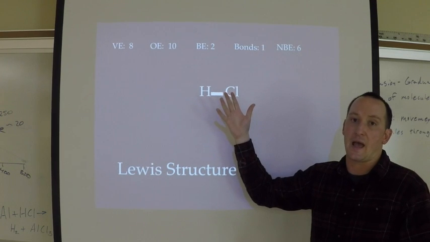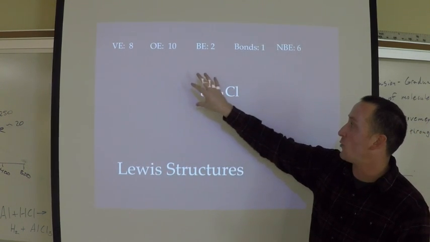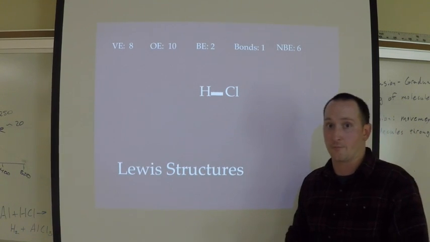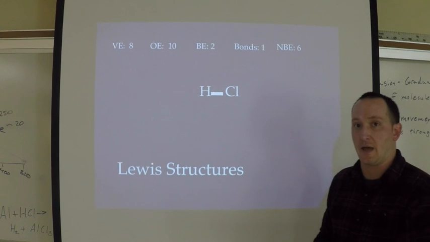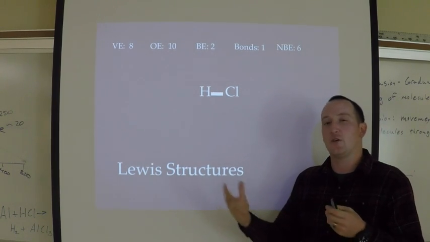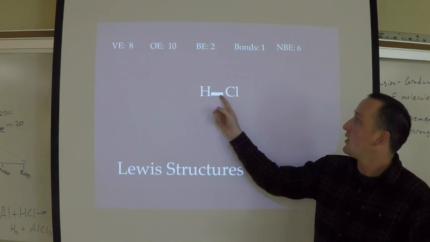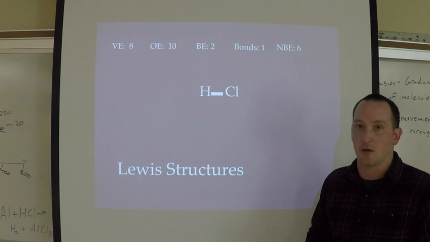Now I'm always going to add non-bonding electrons around an atom, meaning I either have to add it around the H or add it around the Cl. How we know what to add or how many to add is by looking at how many electrons each atom feels like it owns right now. So these electrons right here, remember there were 2 dots right here in between the H and the Cl.